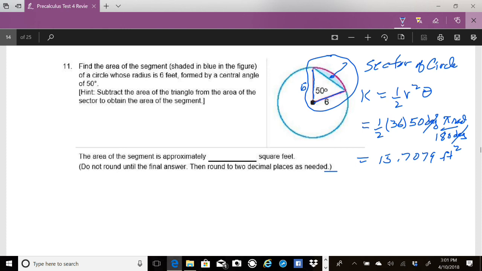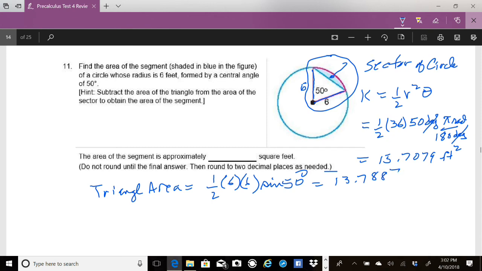To calculate the shaded area, we need to take the area of the triangle. Triangle area is going to be 1/2 the product of the two sides, which is 6 times 6 times sine of 50 degrees, sine of the angle between them, and we get 13.7887.